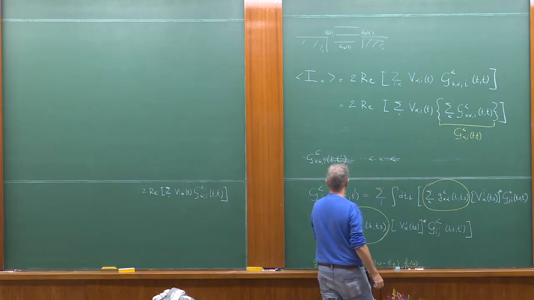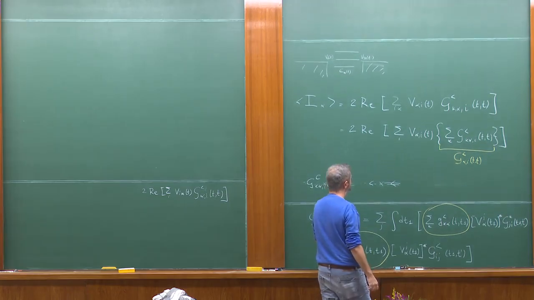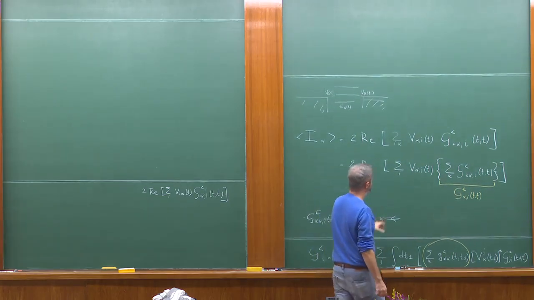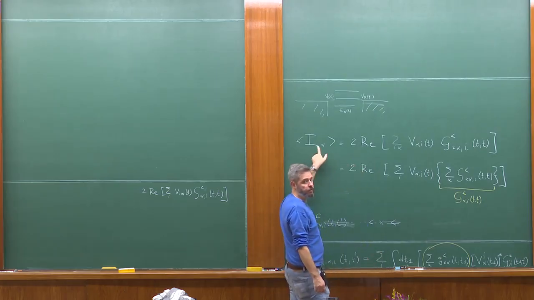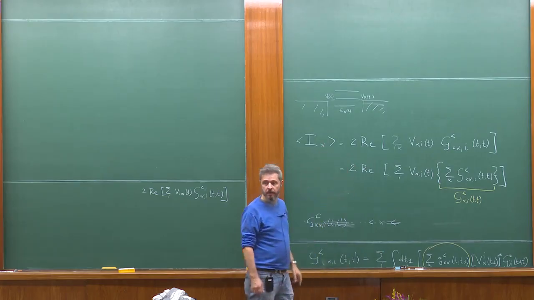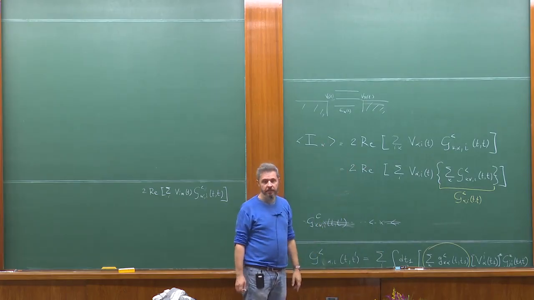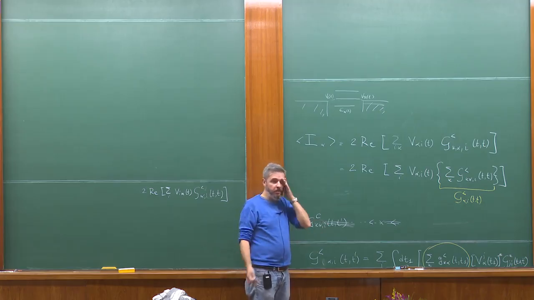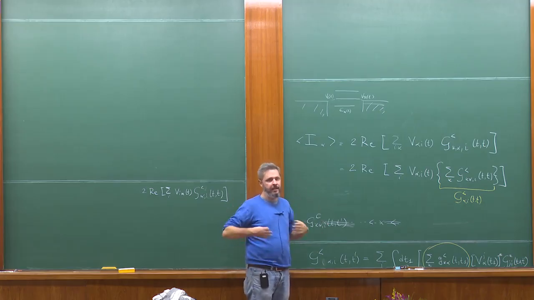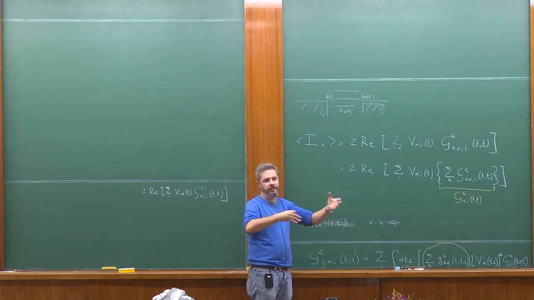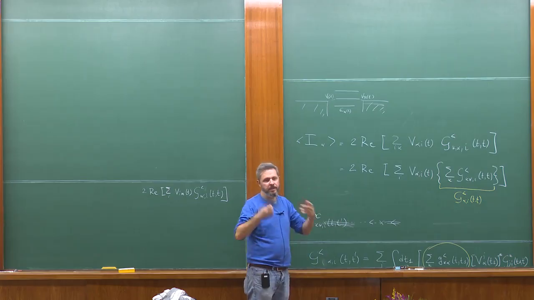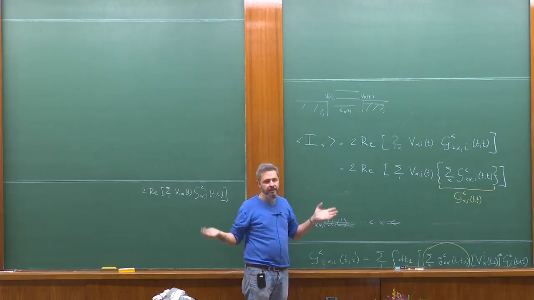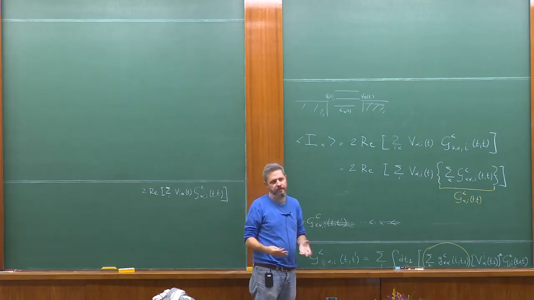Here, this is the current, the average current flowing out of the lead alpha. The brackets mean the same as usual. So I pick the initial state, I time evolve it forward with my time evolution operators, and my initial state then is something I don't care about, and I send it to minus infinity.